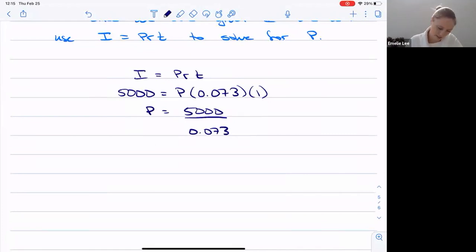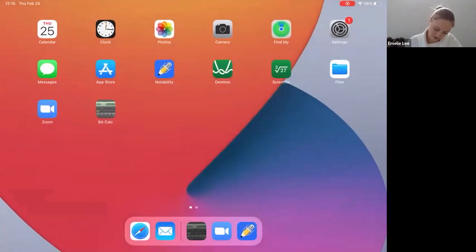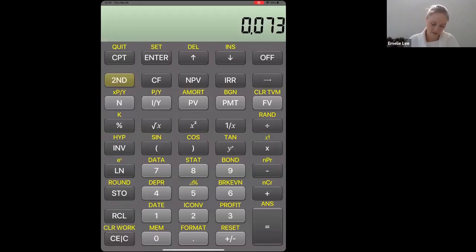On our calculator, 5,000 divided by 0.073 is 68,493.1506 something. I can't see because of my webcam. It's right in front of me.